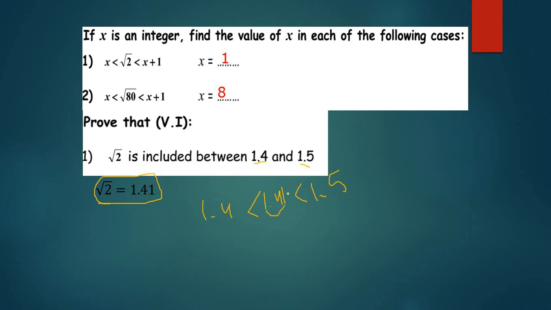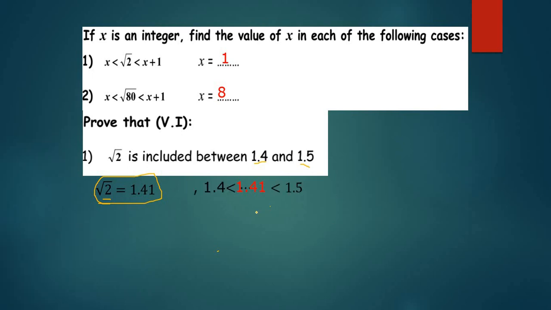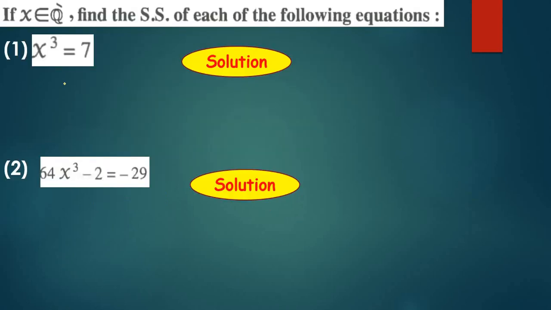So we take this for root 2. Therefore, root 2 is bigger than 1.4 and less than 1.5.